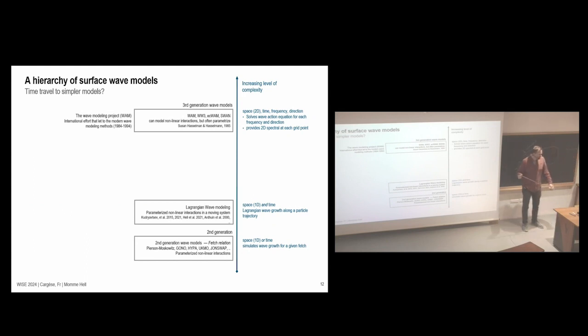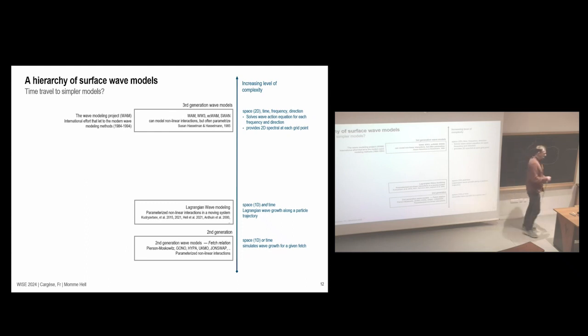So of course, I read the literature, and there other people have tried second generation models before, right? So here in this line of complexity, so to say, we have third generation models that came after Susan Hasselmann's 85 paper. And then there's these parametric simple models from John Schwab and similar level of complexity, right? They're just parametric functions. And there's something in between, which are these Lagrangian models, where you grow your wave action along a Lagrangian particle that follows the wave packet.